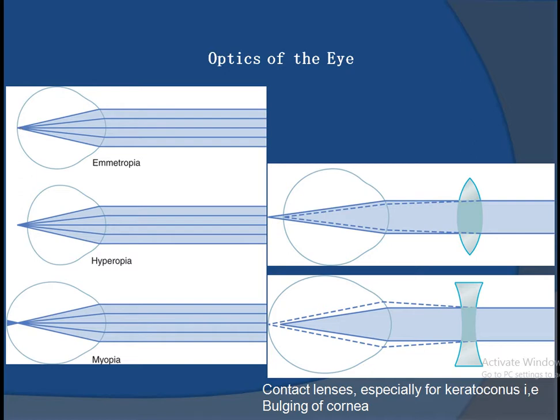Now if we change the power of the cornea or the lens, that will obviously affect the refractive power of the eye. But you must know that if in any case the size of the eyeball is changed, either it becomes smaller than normal or larger than normal, again it will create a problem regarding the refraction of the eye.